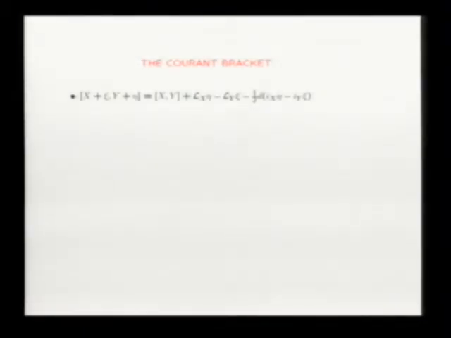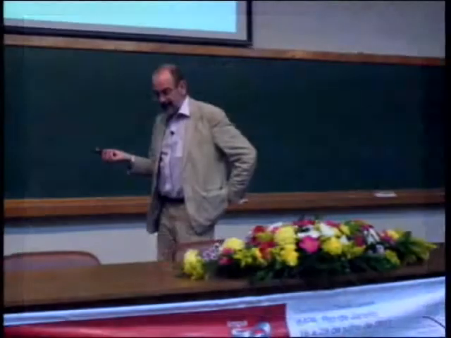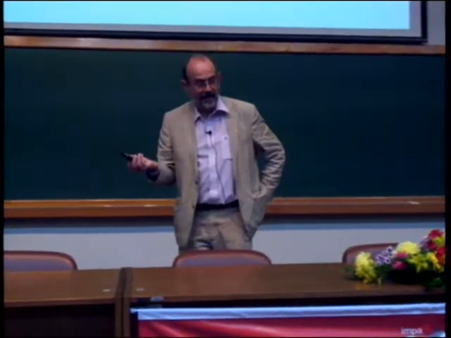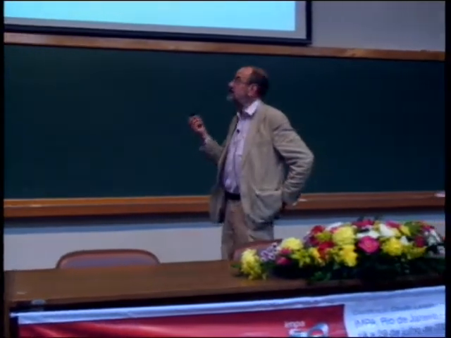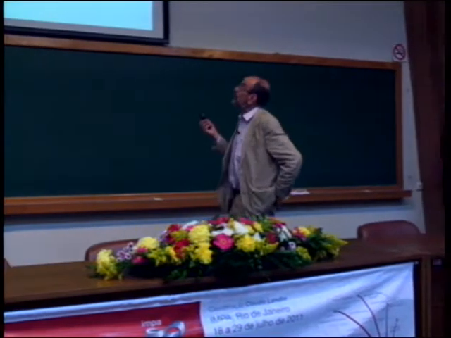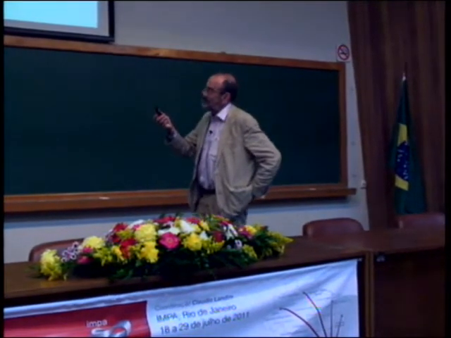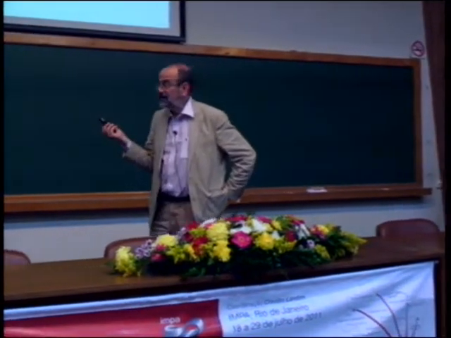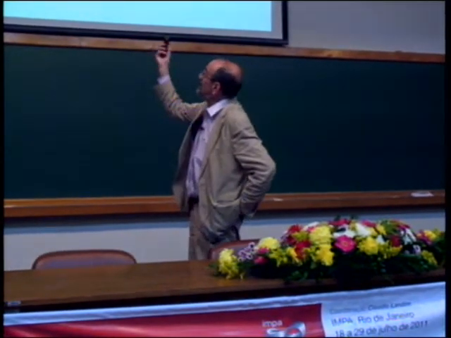And then instead of the Lie bracket of two sections of the tangent bundle, you have this more complicated object called the Courant bracket of sections of the tangent bundle plus the cotangent bundle. So a section of the T plus T star is a vector field plus a one form, and we have this so-called Courant bracket, which as far as the vector field is concerned is just the Lie bracket, but then we have this complicated combination of vector fields and one forms on the right.